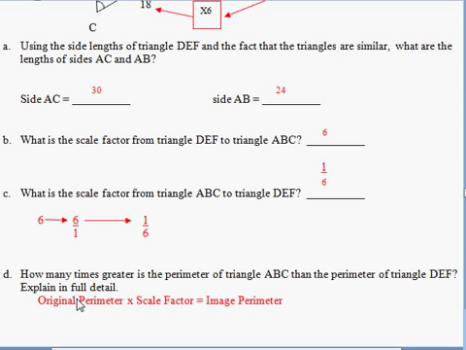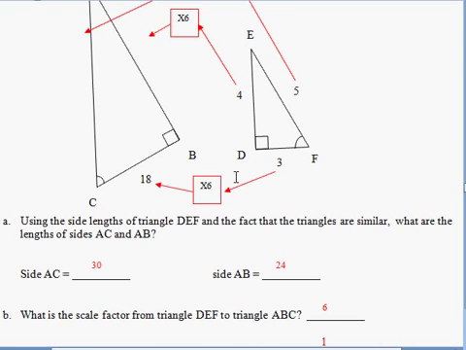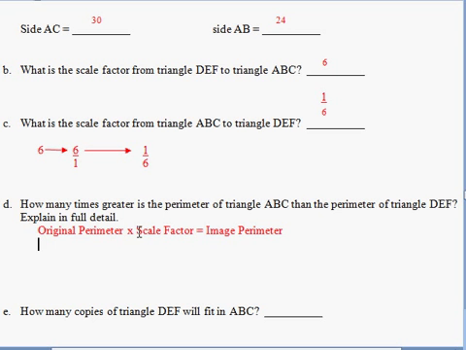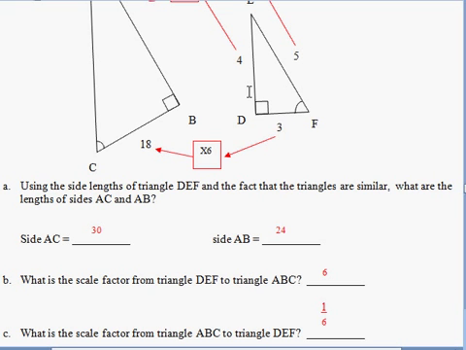Again, here's a note that I've gone over and over in class. The original perimeter, in other words, this perimeter of the original shape, multiplied by the scale factor will give you the new perimeter. So what is the original perimeter? 3 plus 4 plus 5 is 12.